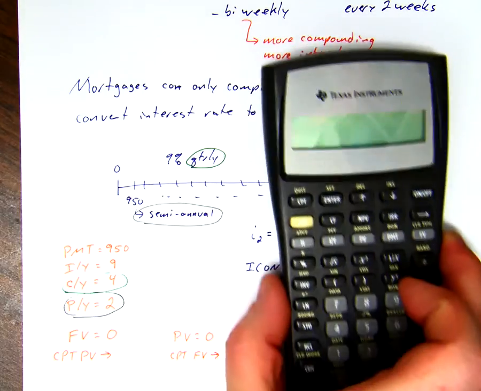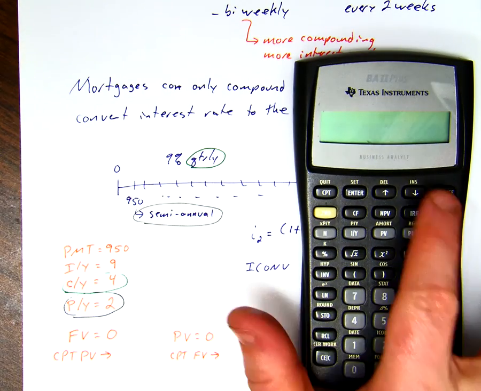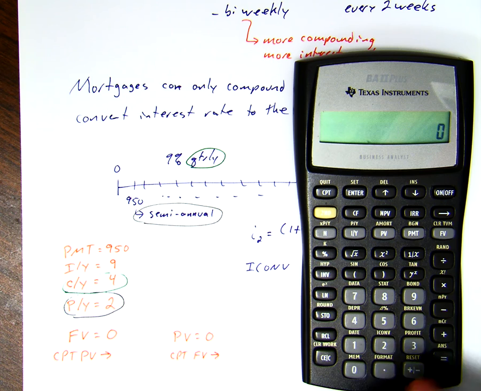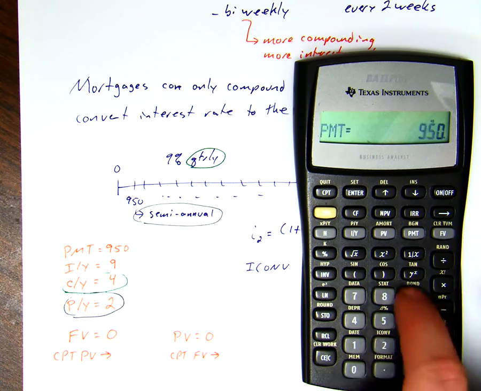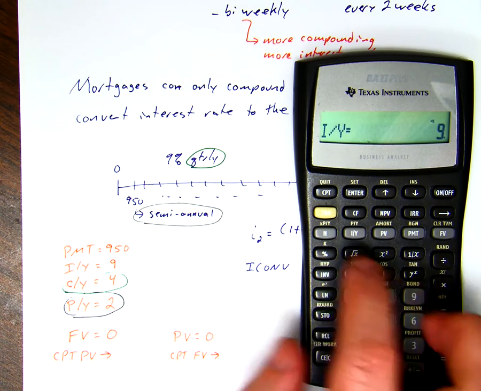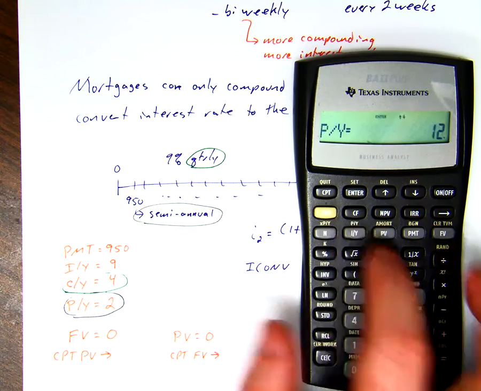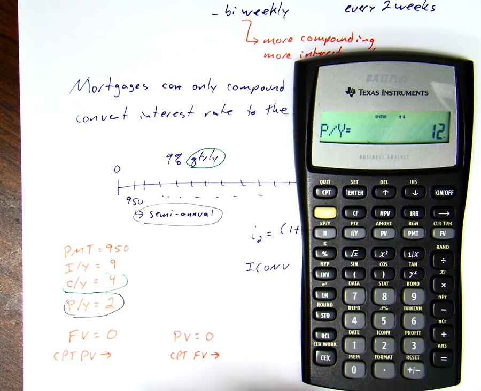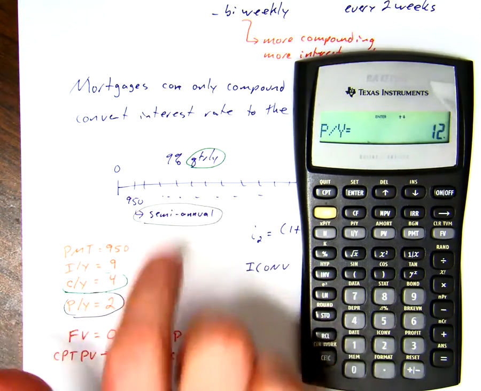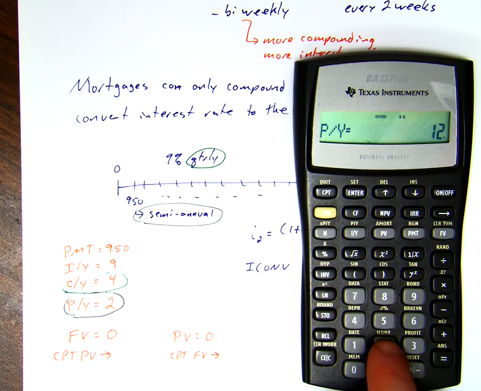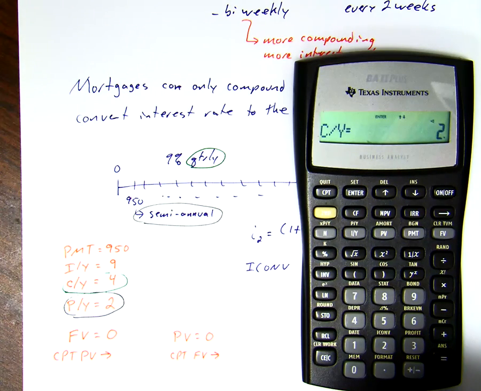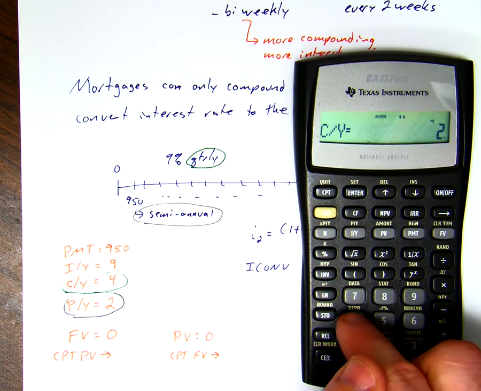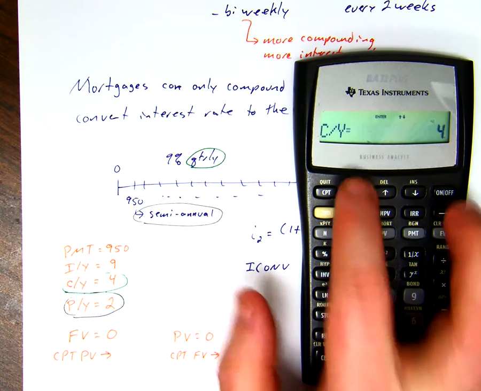Putting this in our calculator, we have $950 payments and 9 as our interest rate. Then we go second function, I per Y, and it asks how many payments per year. We have semi-annual payments, twice per year, so we enter 2. If we go down, the default for compoundings per year is the same, but we say this is 4, enter.